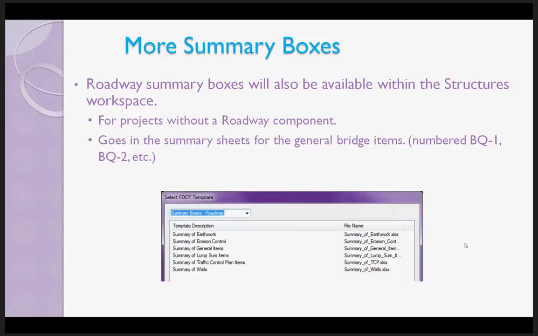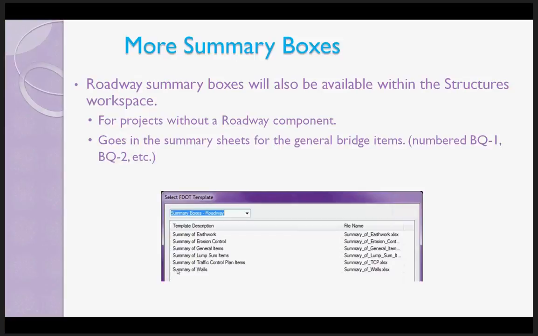Also, I'm pretty sure I pointed this out already, but the summary of walls, originally this was included in the summary of structures quantities and has since been pulled out as a summary unto itself.